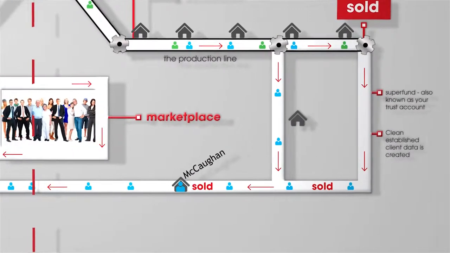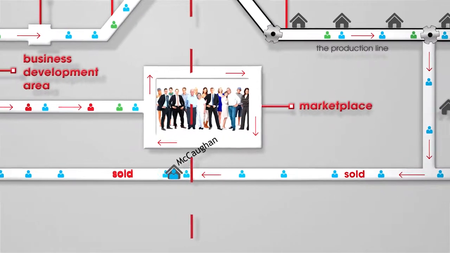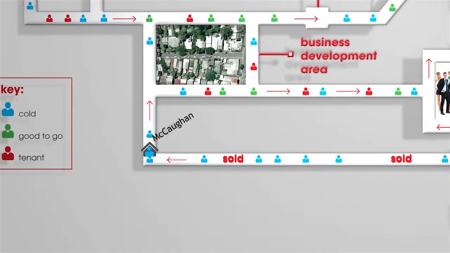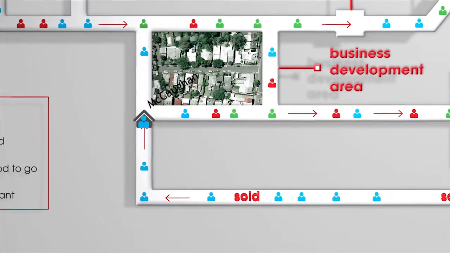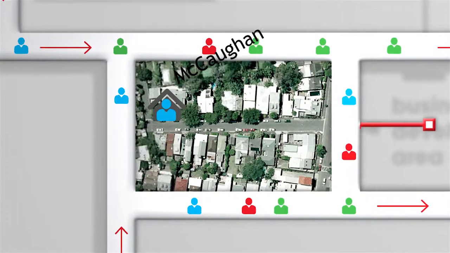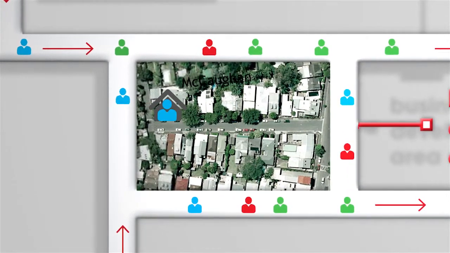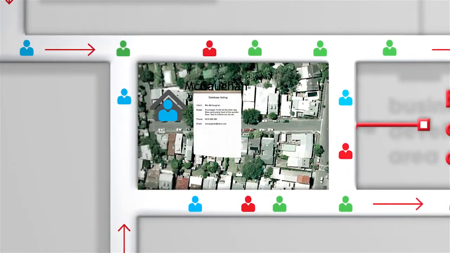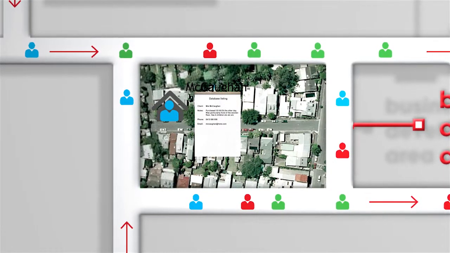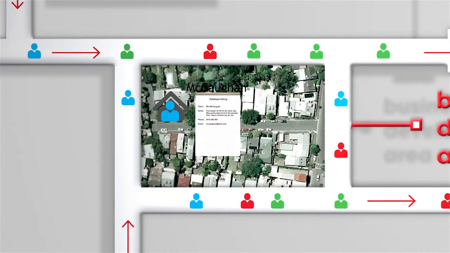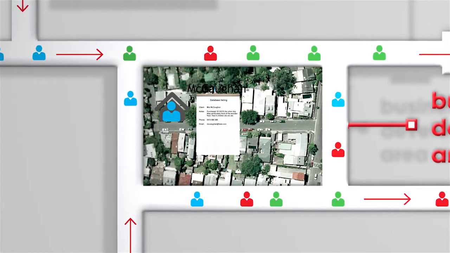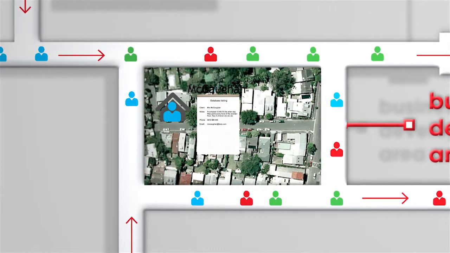McCoggan is now an established client, sold to, coming down the pipeline, back up into our business development area. And because you had this interaction with Mrs. McCoggan as a purchaser, you now have the notes, the mobile number, the email address of the brand new dwellings database record that could be missing all the relevant information off our websites.